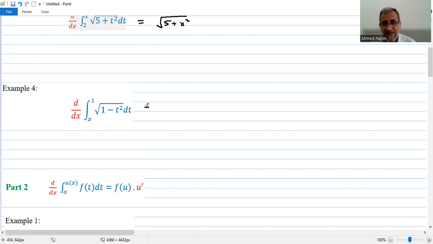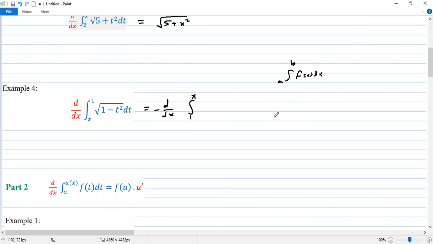In this one, we write d/dx and switch, writing it from 1 to x, but with a negative, because the integral from a to b of f of x dx equals minus the integral from b to a of f of x dx.